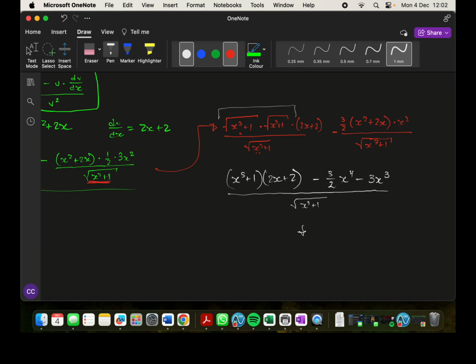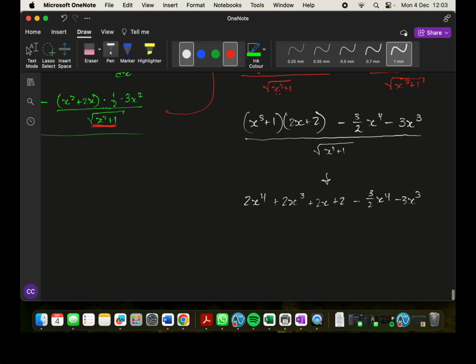Working our way through this, we get 2x to the 4th plus 2x cubed plus 2x plus 2. All of this is minus 3 halves x to the fourth minus 3x cubed. Simplify, and then all that over x cubed plus 1 to the 1/2 power.